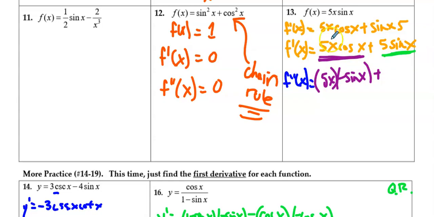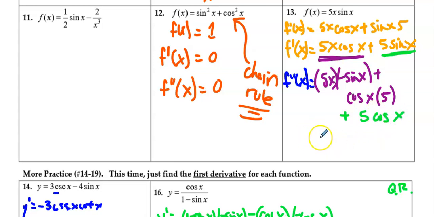Okay, so where were we? So first times the derivative of the second, plus the second times the derivative of the first. Okay, and then we should not forget to find the derivative of this. So this is going to be plus 5, and then the derivative of sine of x is going to be cosine of x.